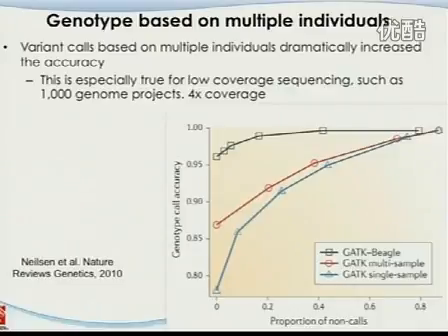You can see the blue ones are based on variant calls from single samples, not bringing multiple individuals together. The red one is based on multiple samples, and you can see it starts to improve the performance pretty well. The black one involves another piece of information I didn't mention, which is population-based parameter tuning.